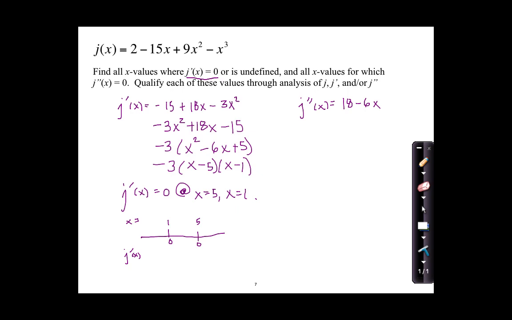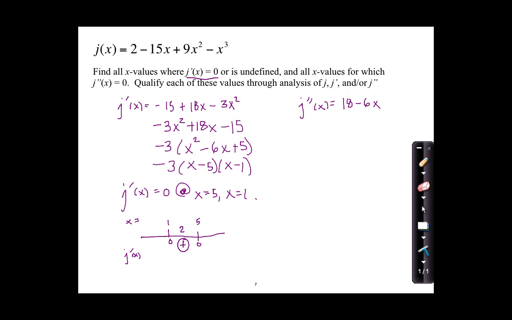So, for instance, if I test x equals 2, which is something in this interval, into j prime of x, I can do it up here, or maybe easier here. You can see if x equals 2, I've got a negative times a positive, which is something positive. So I can say that, not only at x equals 2, but every x value between 1 and 5, j prime of x is positive, or j of x is increasing.